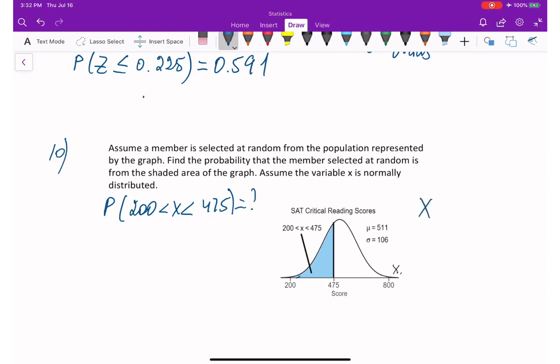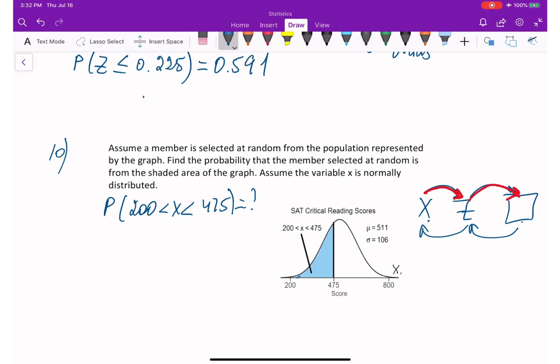From x we need to find the z-score first, because only the z-score has access to the probability table. And if we have a probability and need to find x, from probability we go to z-score, from z-score to x. Right now we are using this path: we are given x, going to z-score, from z-score to probability.